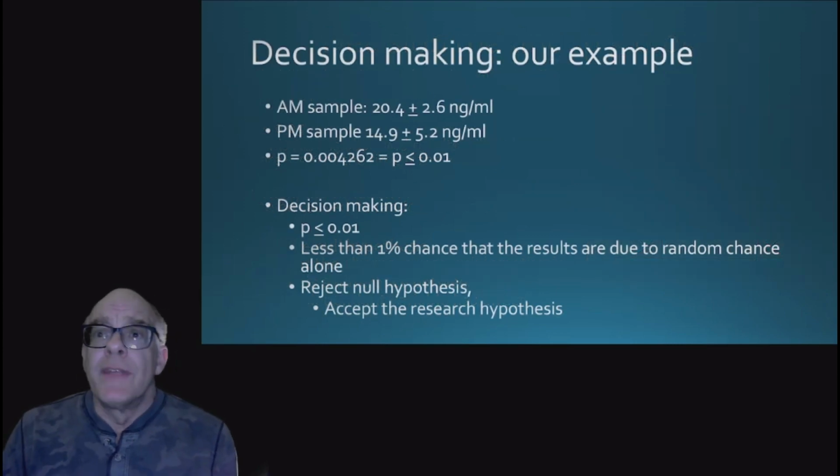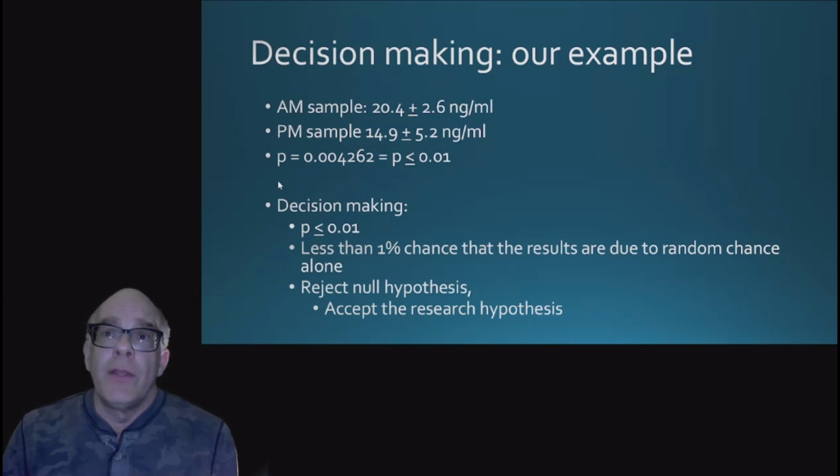So when we put all of this information together with our sample example right here, we've got our AM sample with a mean of 20.4 plus or minus 2.6 nanograms per mil. Our PM sample had a mean of 14.9 plus or minus 5.2 nanograms per mil.